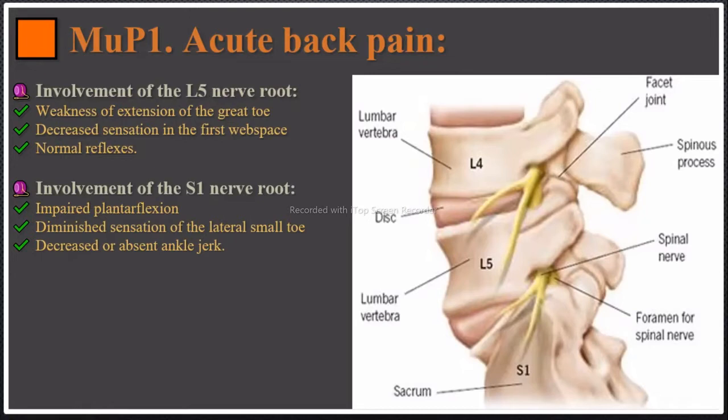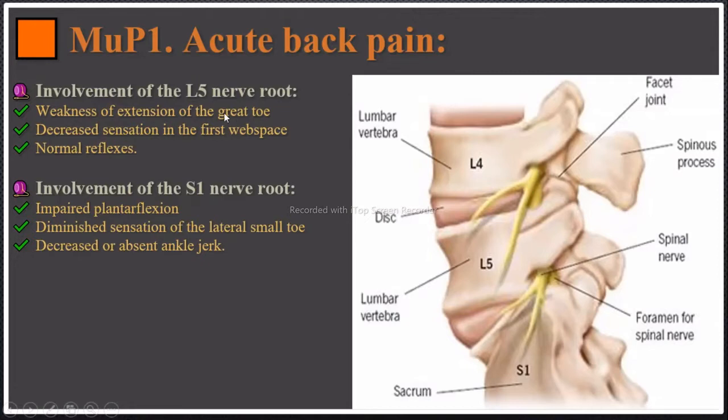Okay, so regarding lumbar 5, how to differentiate between lumbar 5 and S1? Lumbar 5: weakness of extension of the great toe, decreased sensation in the first web space. So which one is first, guys? Lumbar 5 or S1? L5.